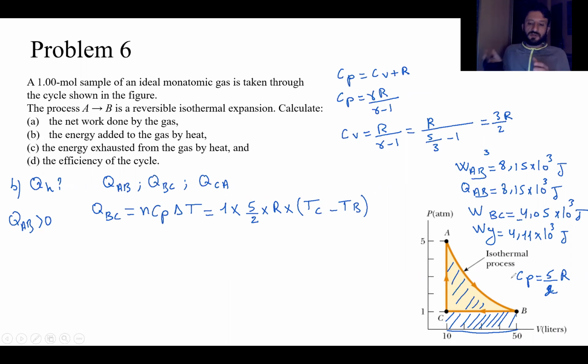As you see, between C and B, we decrease the volume. So W must be negative.